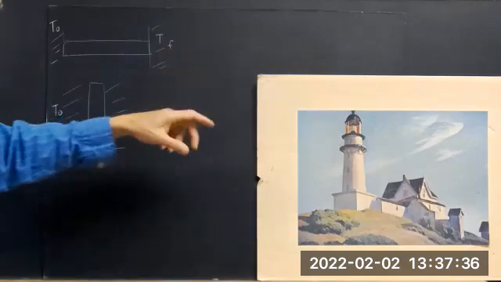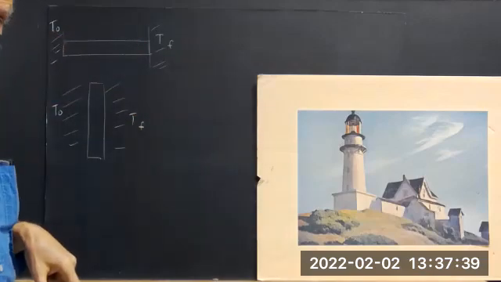If T sub F is less than T naught, then heat is going to flow this way. Okay.